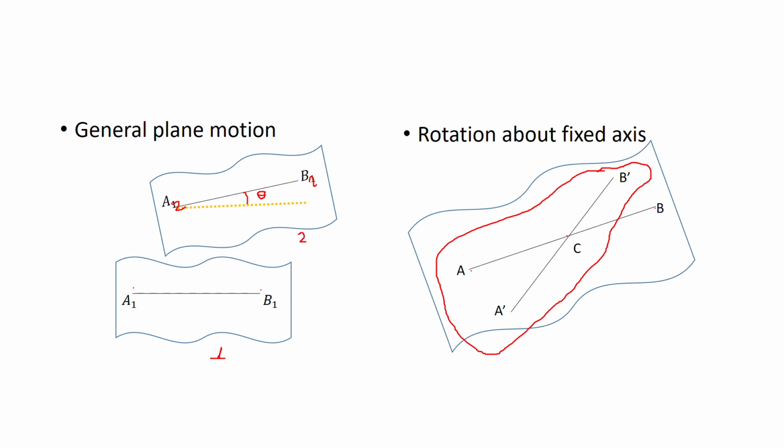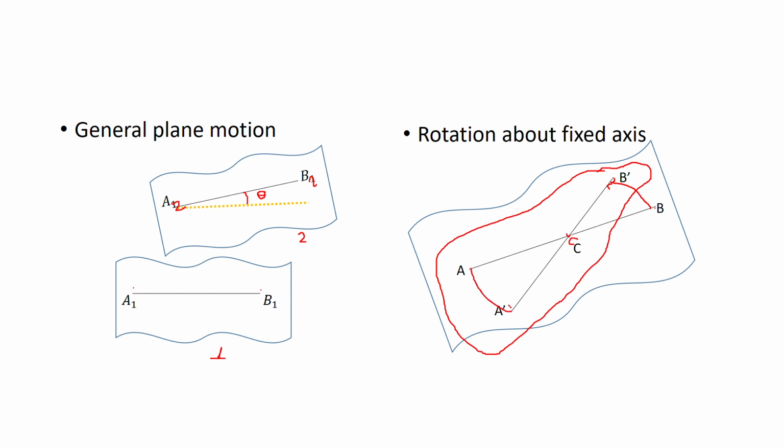And if it is in pure rotation motion, and assuming C to be a point here, that is the center, then every point on this body will be in a circular motion. That is, B will move in a circle from B to B dash. Similarly, A will move in a circle from A to A dash.